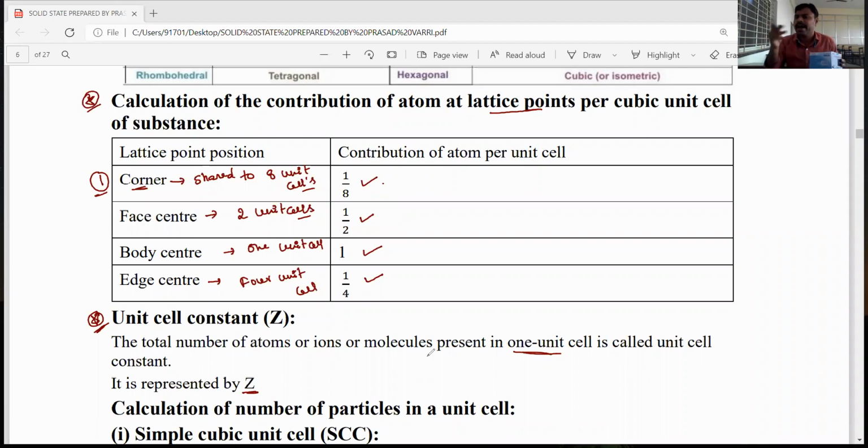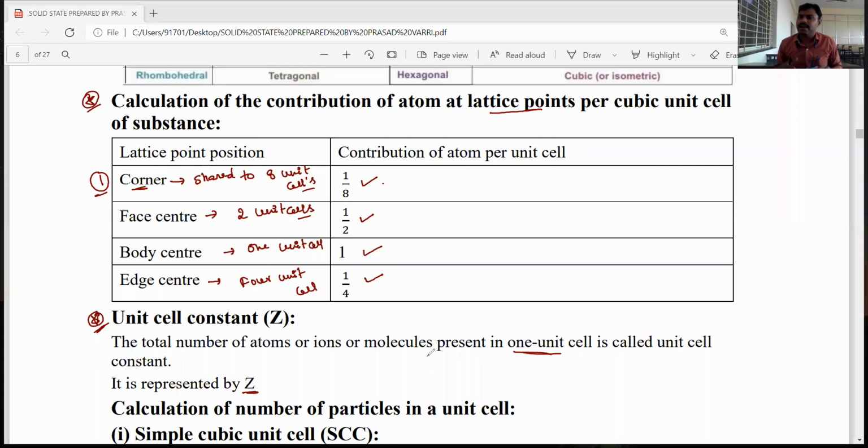We just have to imagine how the simple cubic unit cell is. The atoms are present at corners only. In the body centered, atoms are present at corners and body center. In the face centered unit cell, the atoms are present at face centers as well as corners. In the end centered, the atoms are present at corners as well as the centers of two end faces.